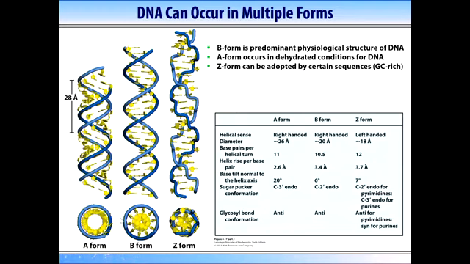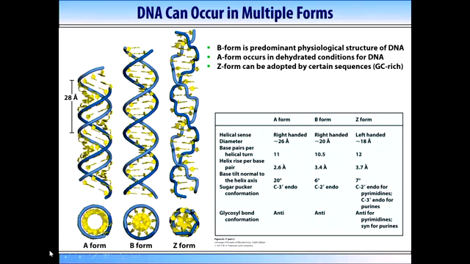The only reason I wanted to show you that is because this is the main form in which RNA exists in solution. DNA normally exists in the B form, and RNA, if it's double-stranded, because RNA can have short double-stranded segments, folded on itself, usually exists in the A form.